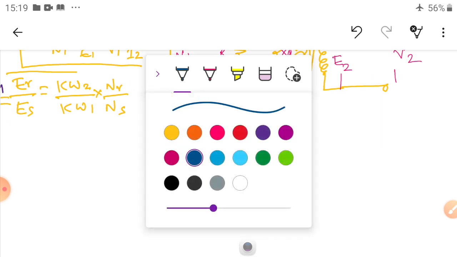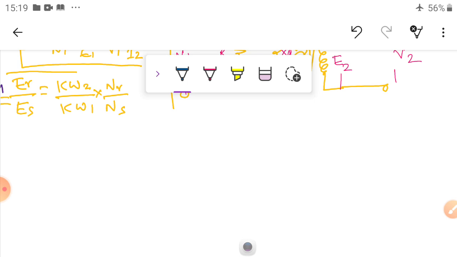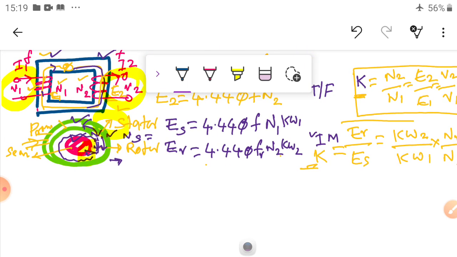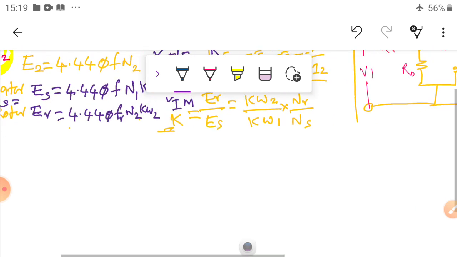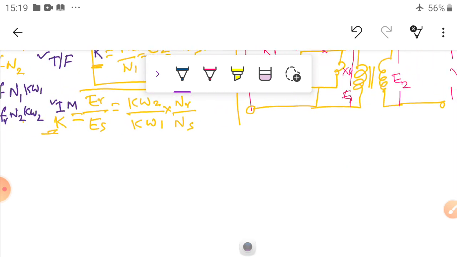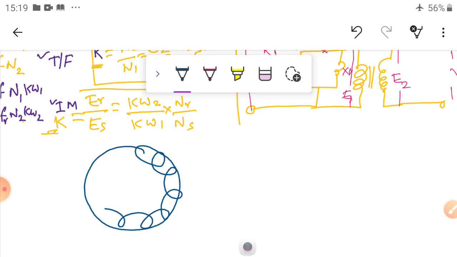Now you can see the stator has a winding and the rotor also has a winding. The stator has the stator winding connected to the three-phase supply, and the rotor has a rotor winding.